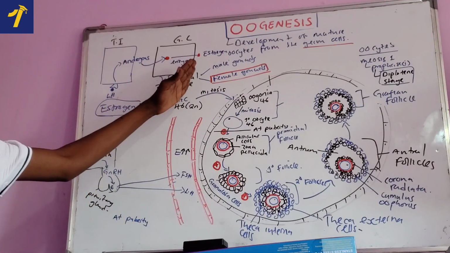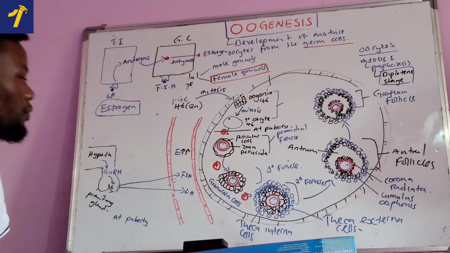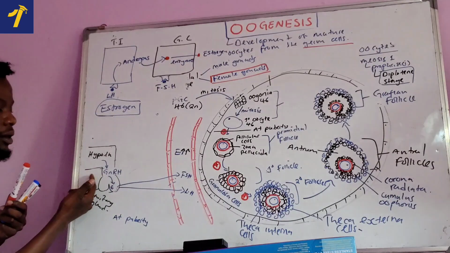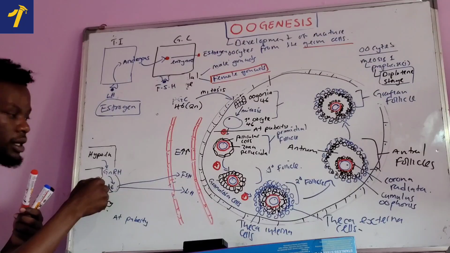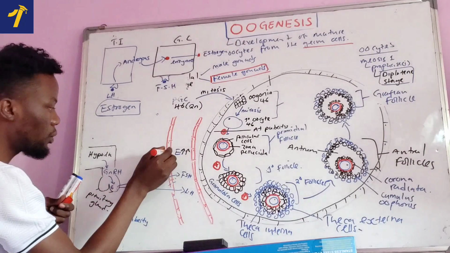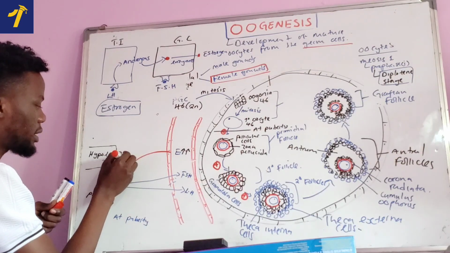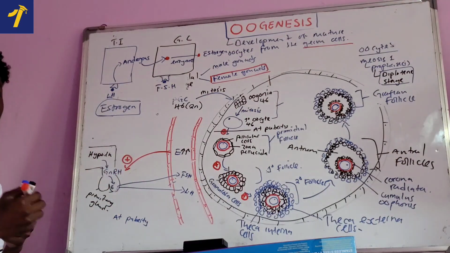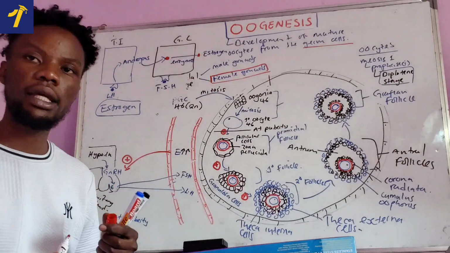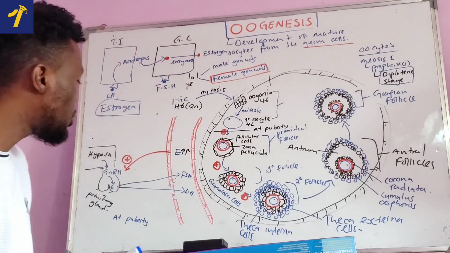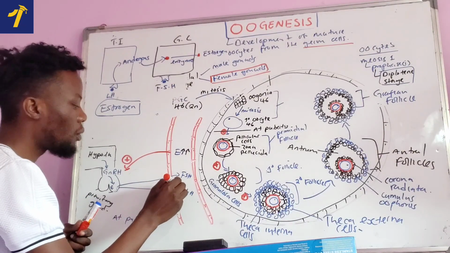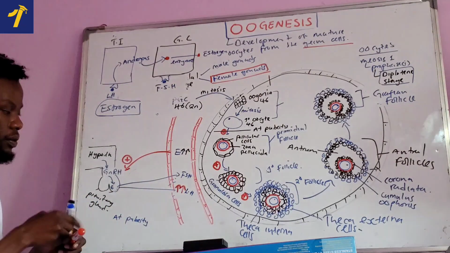Okay, now if they see a lot of estrogen here, what's going to happen is that they'll go to the hypothalamus, also the pituitary gland, to stimulate. So they'll go to this axis and give what we call the positive feedback, because they are now stimulating the hypothalamus as well as the pituitary gland to start producing massive amounts of what? Luteinizing hormone.